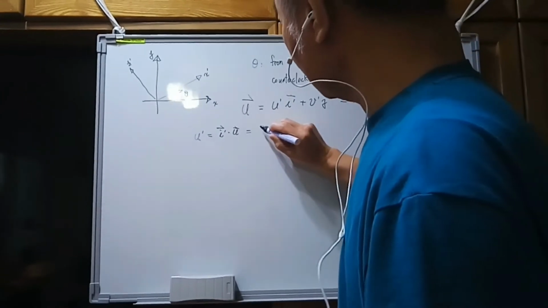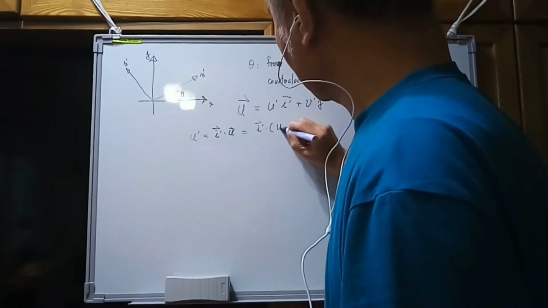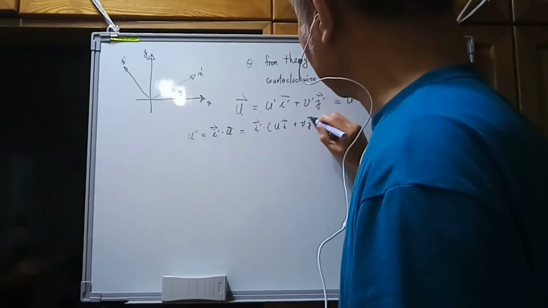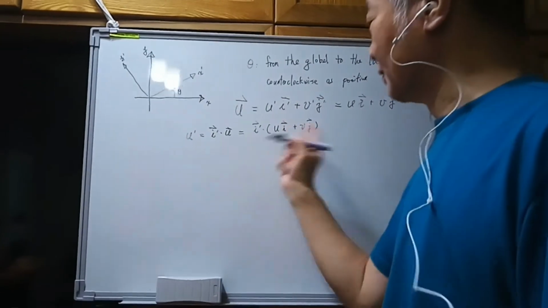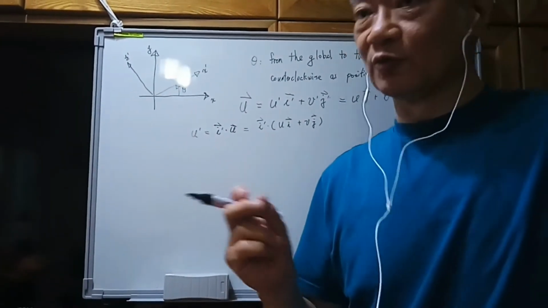So it will be i prime dot (u i plus v j). Remember, u and v are the vector components for the u vector.